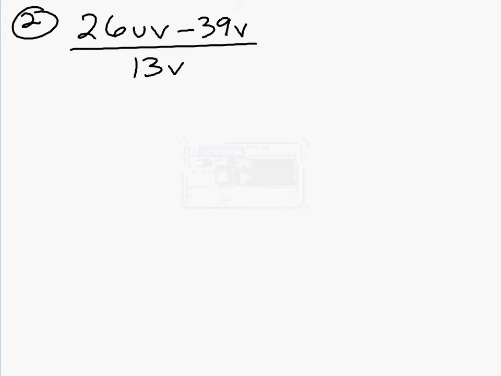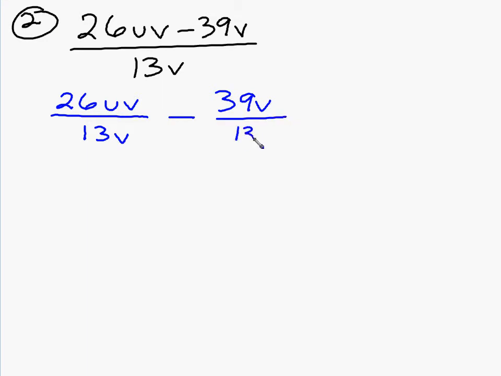First thing we need to do is split it into two fractions. 26uv over 13v minus 39v over that same 13v. So now I can start simplifying, and on the first fraction everything is written as a product, so I can factor out these v's.